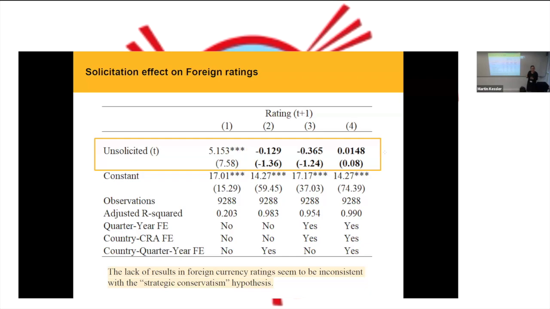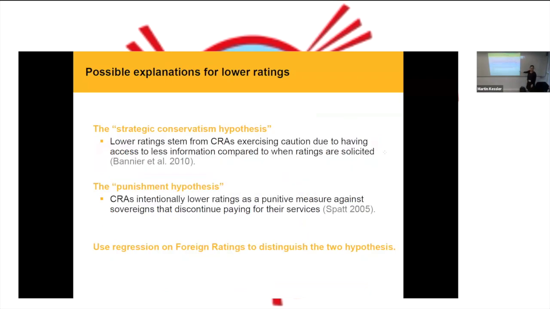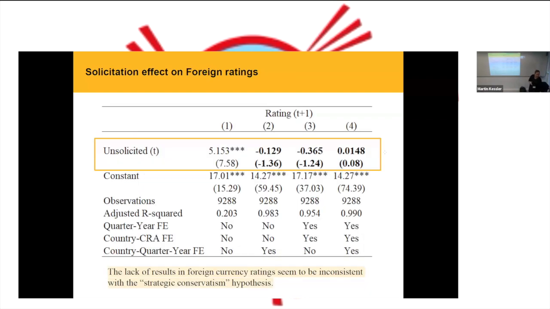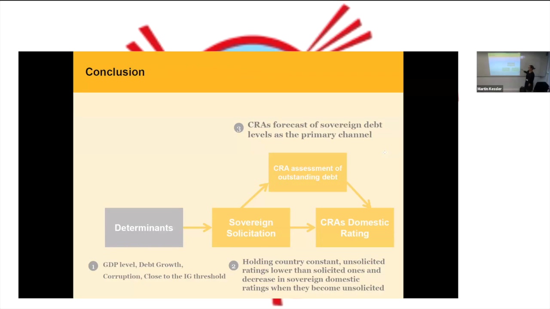So we are more exploring this second hypothesis, the punishment hypothesis, at the moment. It's still a working paper, a working project. We did a bunch of cross-sectional analysis as well, but I would rather give more time for questions and discussion. In a very condensed way, what we saw first was the determinants: large countries tend to not pay.